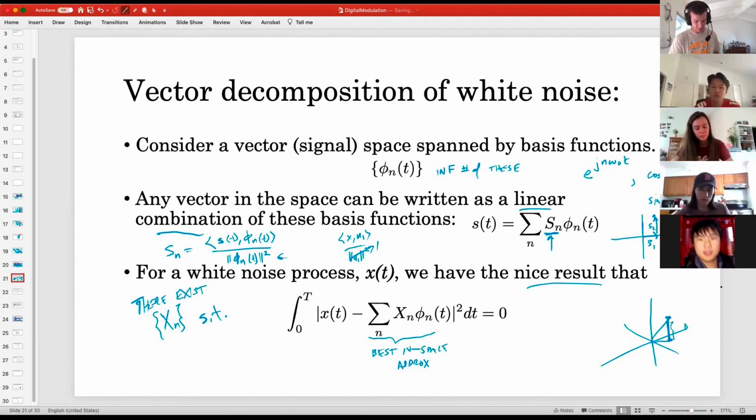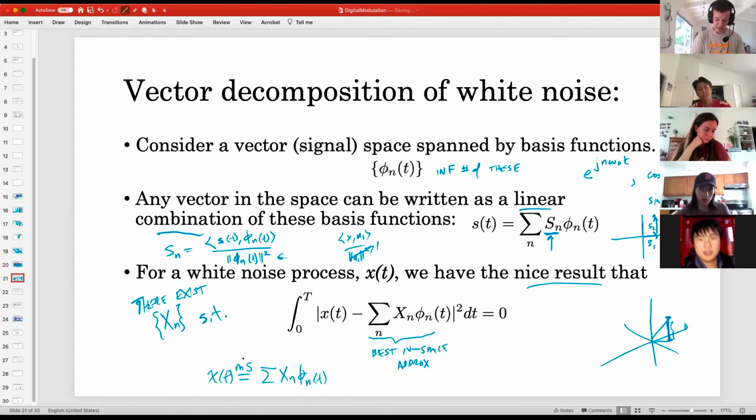Okay. Or we say, sometimes you'll see this as the white noise process x of t equals, in the mean square sense, this linear combination of basis vectors. Okay, but that's an equal sign underneath the letters ms for mean square.